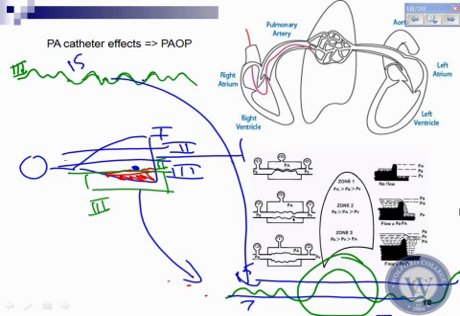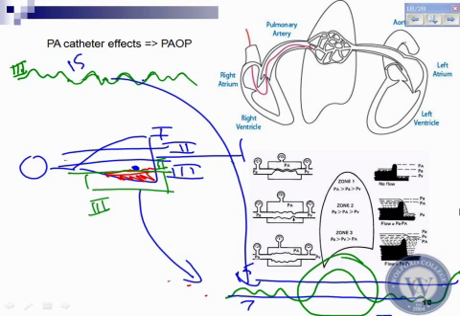I'm not perfusing anymore: either the ventricle is not pumping, or I'm not getting enough volume to the lung. There are two reasons why the volume's not getting to the lung: either low preload or low contractility. Which one is it? So you shoot a cardiac output. Cardiac output would show that stroke volume's still okay, but the preload's low. So you give volume, and all of a sudden the waveform changes back, and everything's fine.